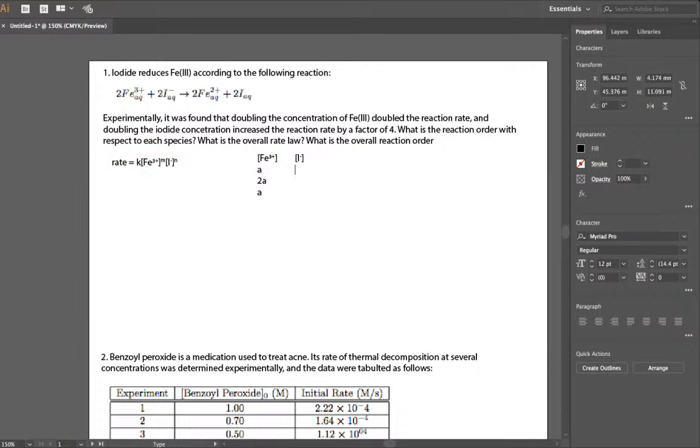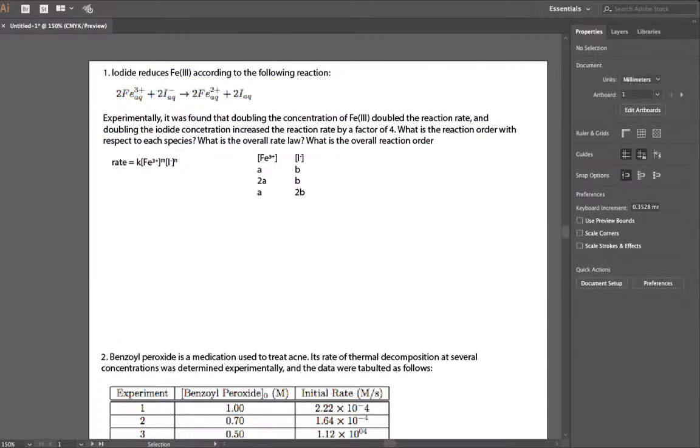The concentration of iodide, firstly it was B, and for the second experiment it would be another B, because we didn't change the iodide, and lastly it would be 2B for the last data, because we doubled the iodide concentration.